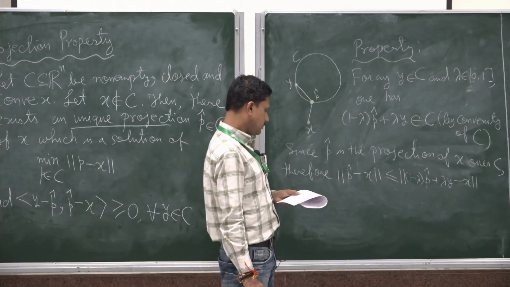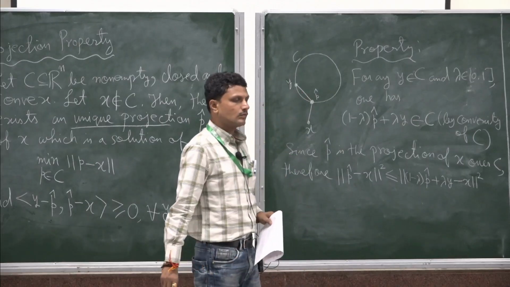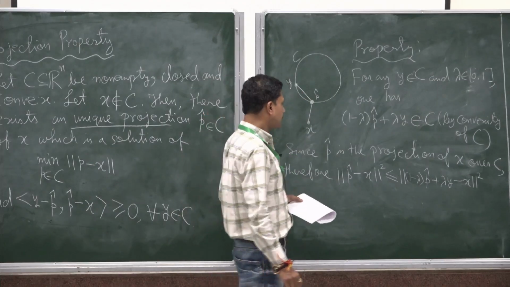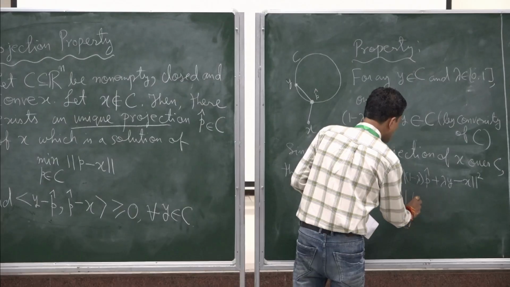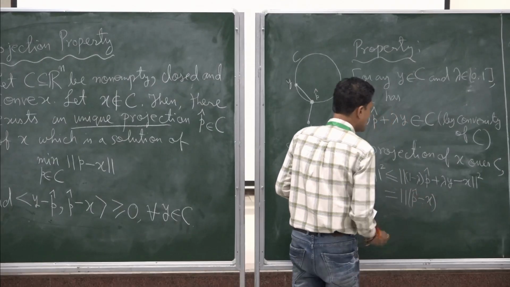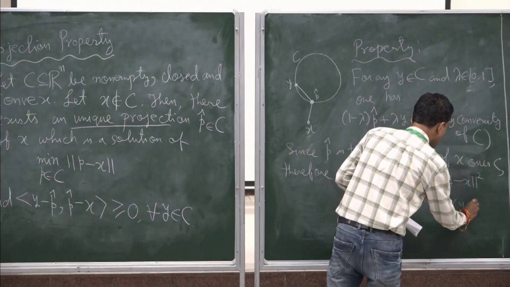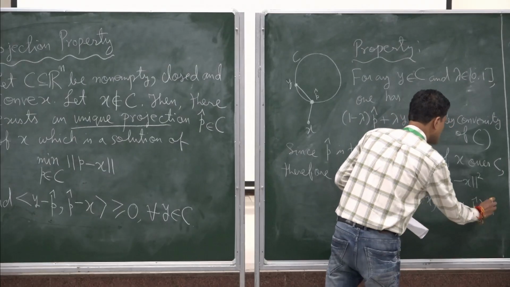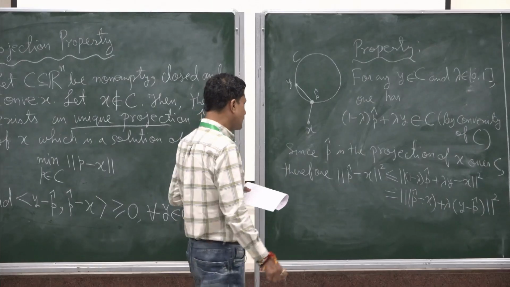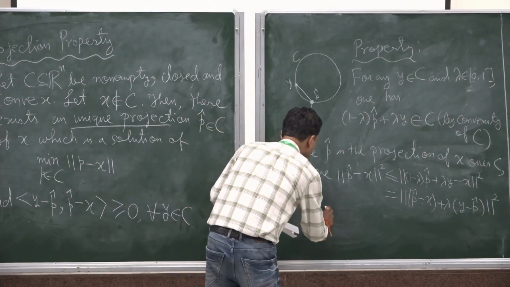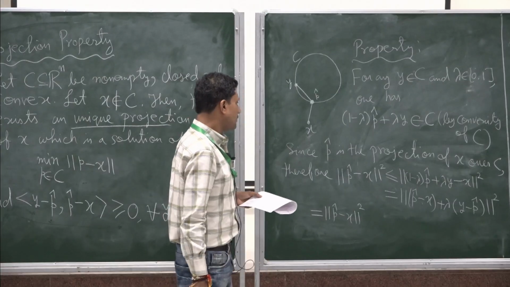And then we can put a square over this norm. So with this square, now it is equal. After rearrangement, this is the norm of P hat minus X squared, and then with this lambda, y minus P hat, this is squared. But this square can be written in terms of inner product, like (A plus B) whole square.